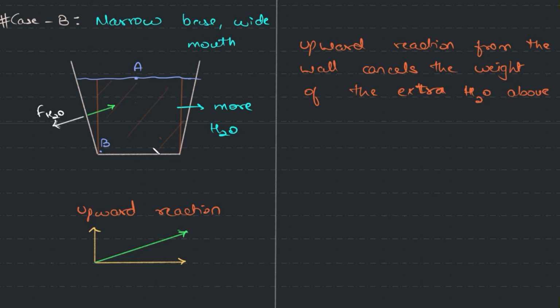And that is the only contribution. So basically the side wall holds the extra water. They cancel the downward push, and only the narrow column contributes. Okay, yes. So from here we can infer that only the narrow column contributes.